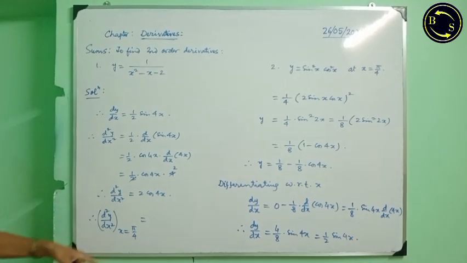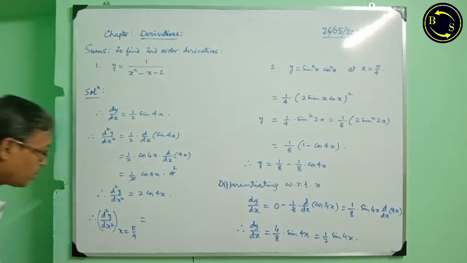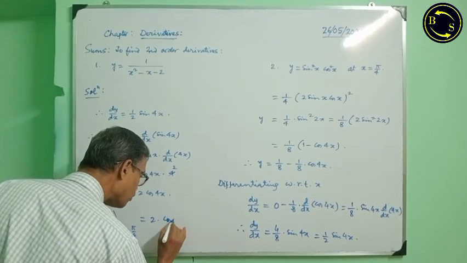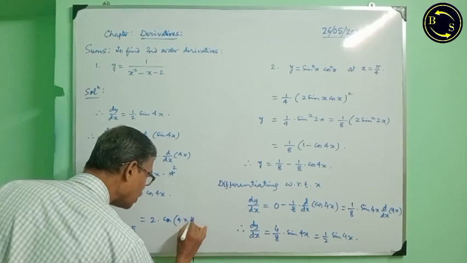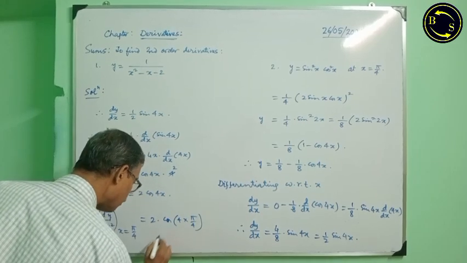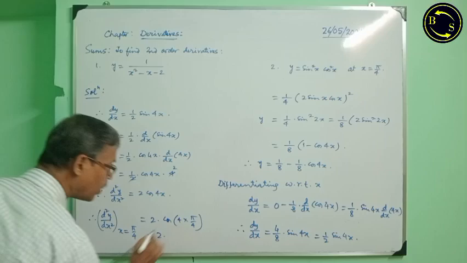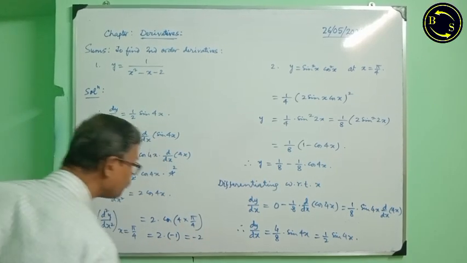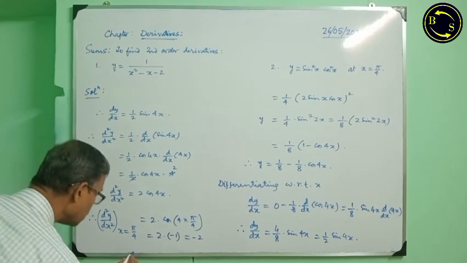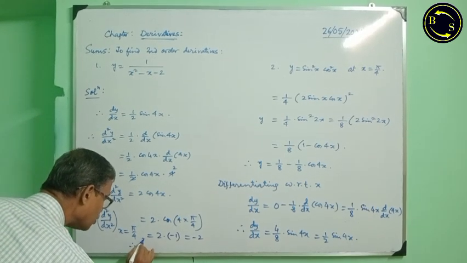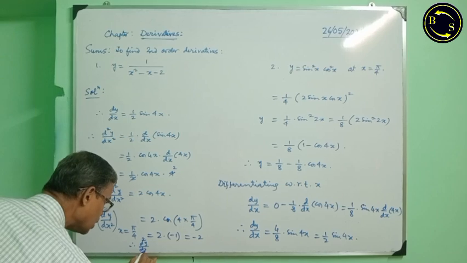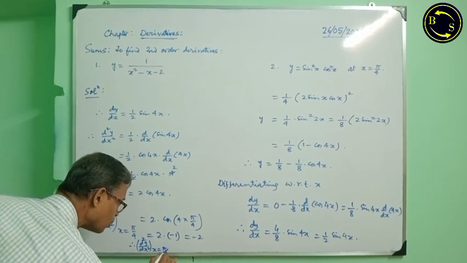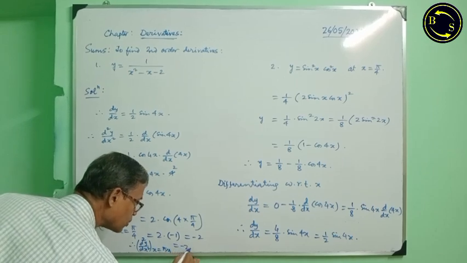This will be 2 into cos of 4 into pi/4, that is 2 cos pi, which means 2 into minus 1, that is minus 2. That is the answer. We can write that d2y/dx2 at x equal to pi/4 is equal to minus 2.